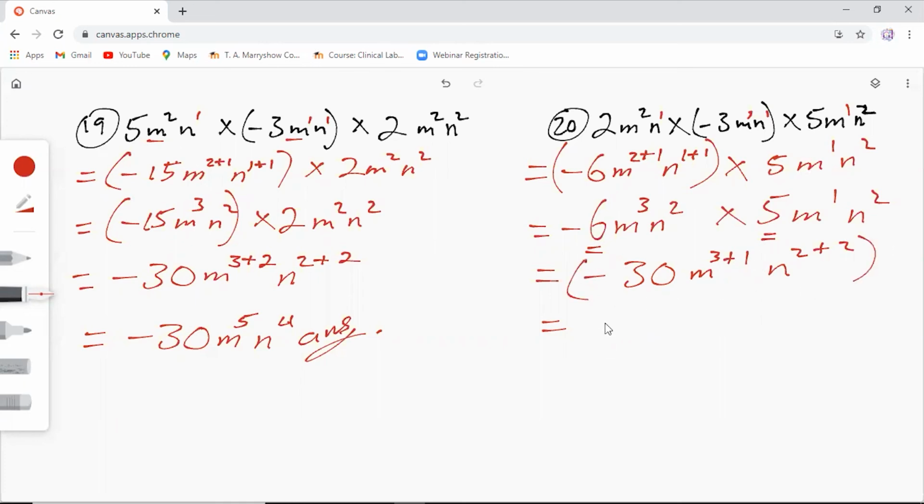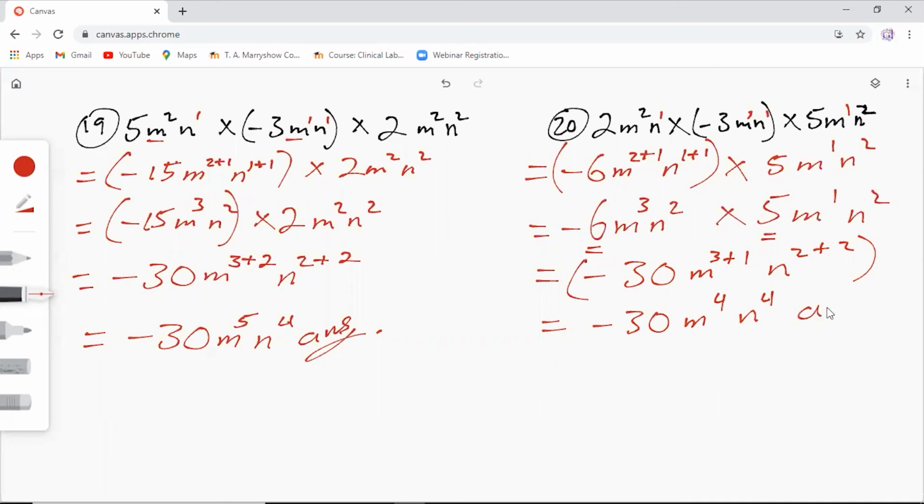So we get negative 30, we bring down that, m to the power of 4, because 3 plus 1 is 4, n to the power of 4, because 2 plus 2 is 4. And we could actually simplify that further.